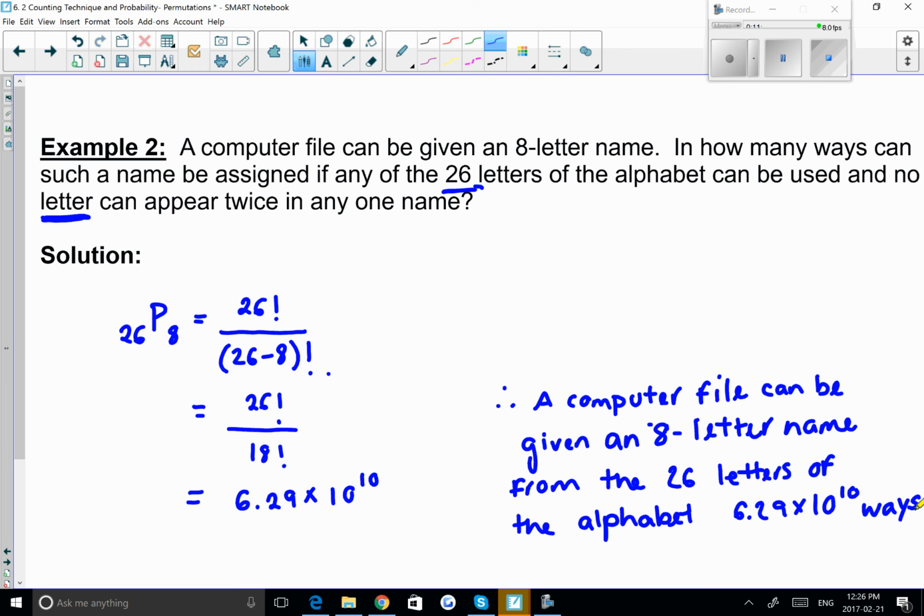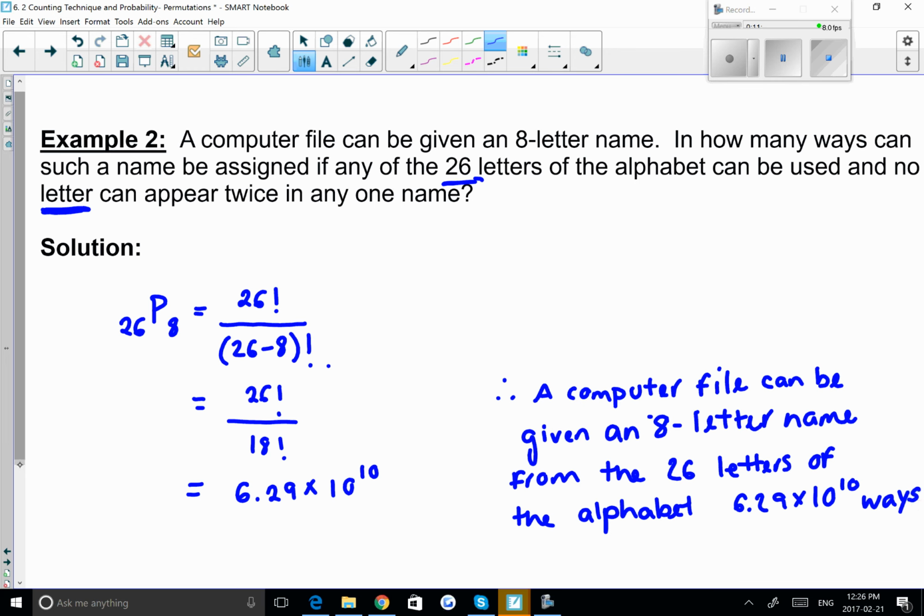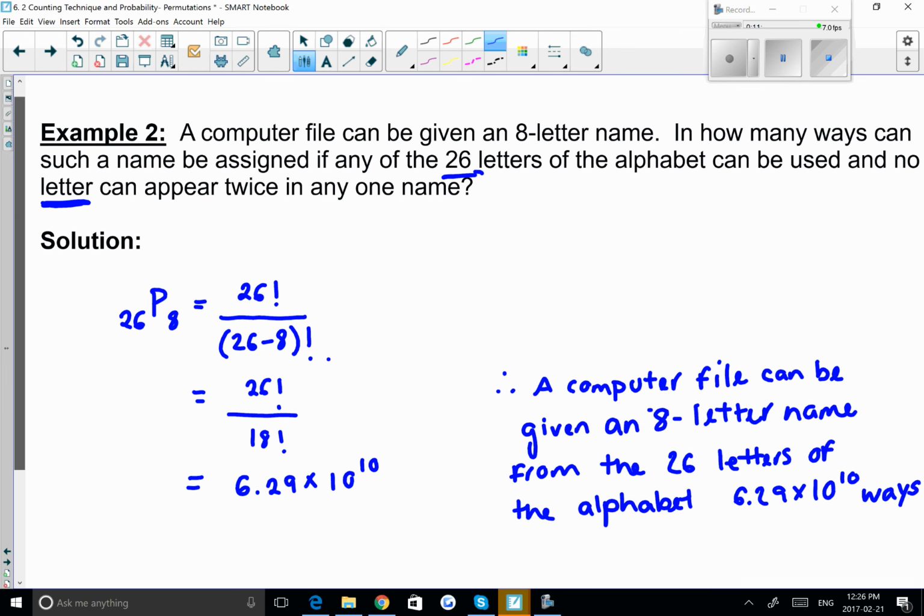Again, think about why order matters. We're talking about a name. The order of letters will mean a different pronunciation, a different typing.